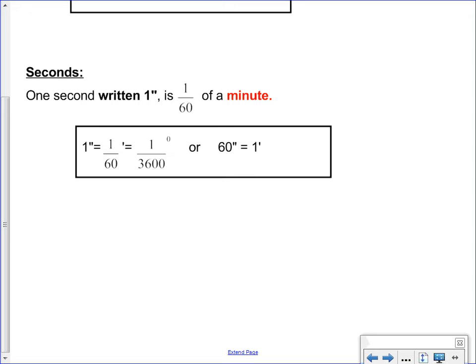Therefore, as Ms. Zara said, there will be 3,600 seconds in a degree. So you just do 60 times 60 to get that. So again, there's 60 seconds in a minute, or 3,600 seconds equals 1 degree.